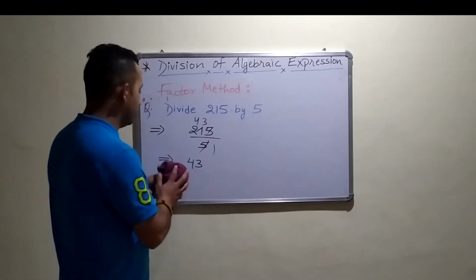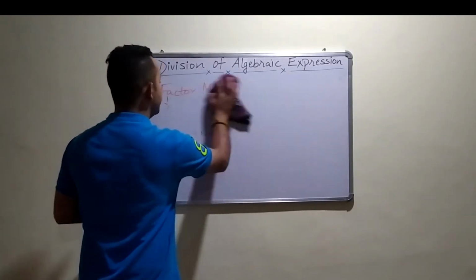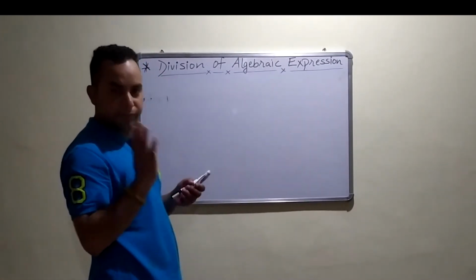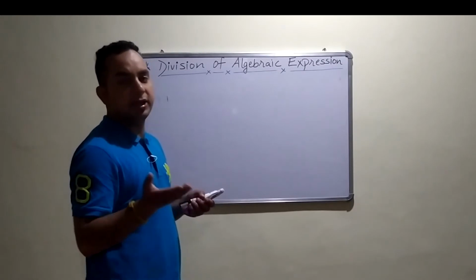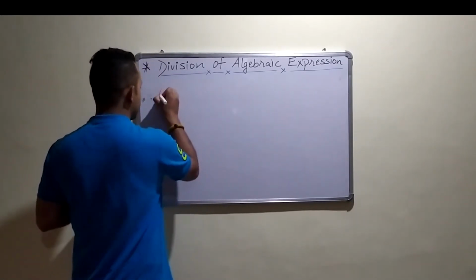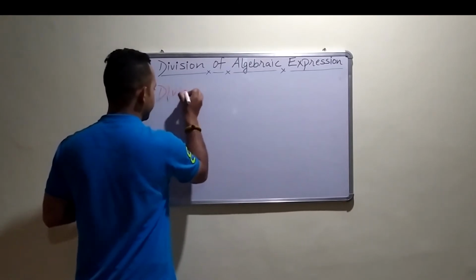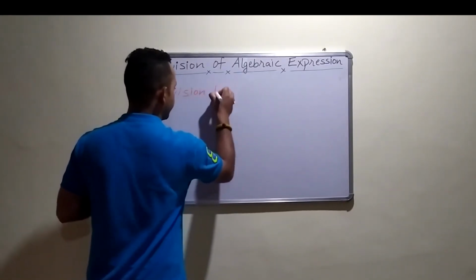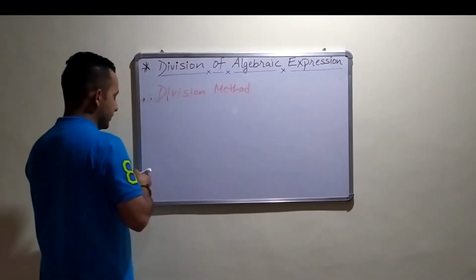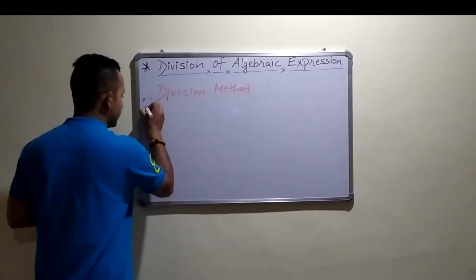Okay class, now I'm going to introduce the second method, which is very important for you in class 9 in the chapter polynomial. The second method is division method. The question is the same.